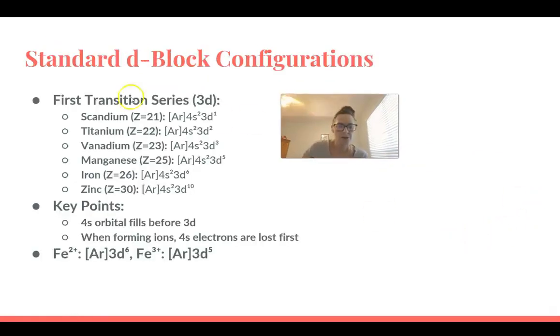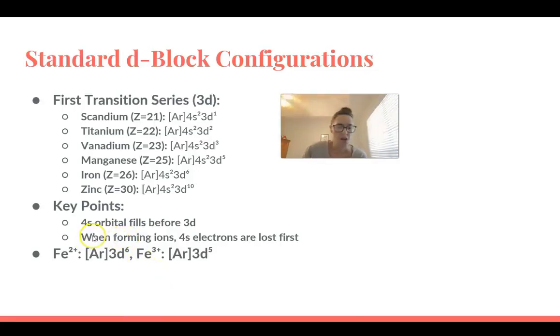So I wrote some elements here for standard d block configurations. You can see we already talked about scandium and titanium, vanadium, manganese. I have iron and zinc here, but whenever you try to write electron configurations for ions, the electrons are going to be lost from the s sublevel before the d.